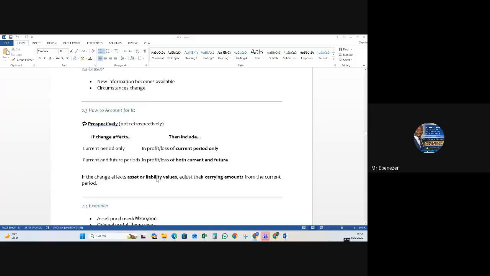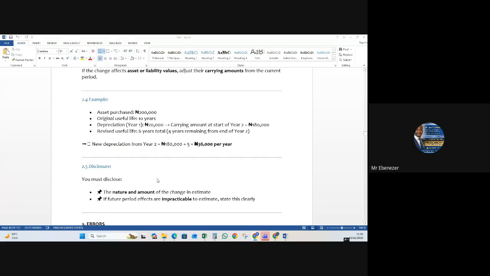Now, for your disclosures, when you are disclosing changes in accounting estimates, you need to disclose the nature and amount of that change.